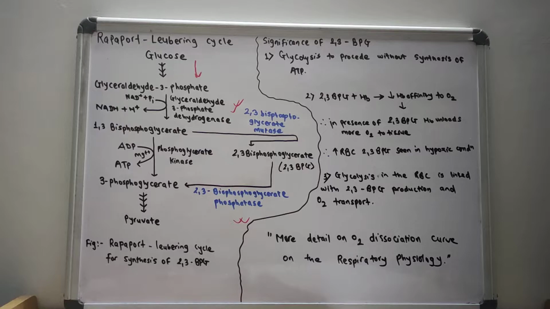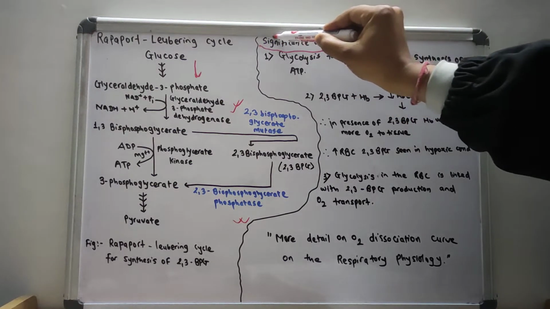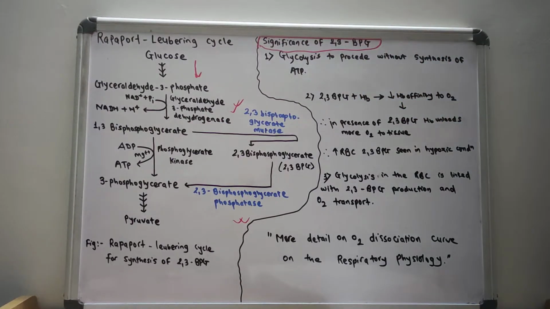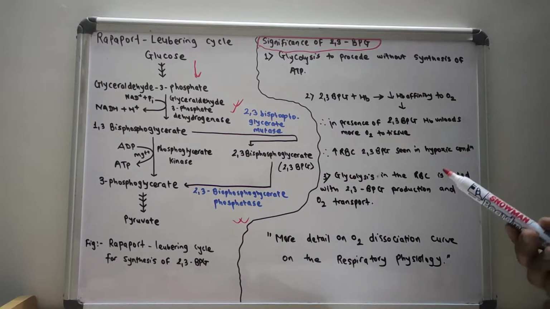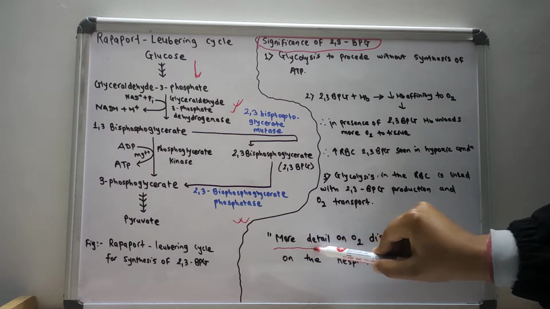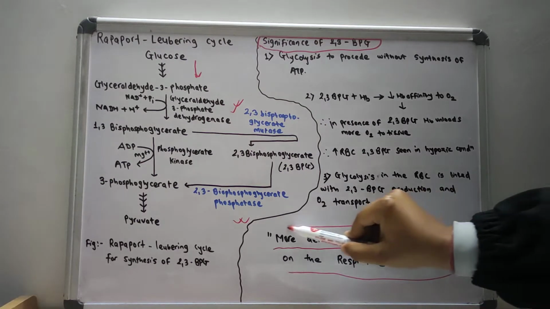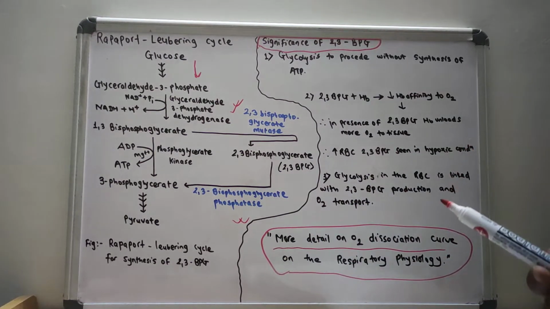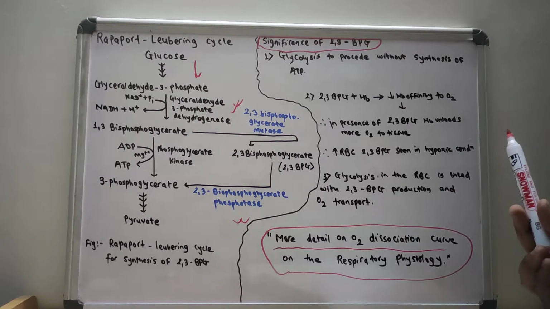Now let us discuss the significance of 2,3 bisphosphoglycerate. More detail on the hemoglobin and oxygen, I'll discuss in the respiratory physiology in the oxygen dissociation curve. But here I'll just describe briefly the significance of 2,3 bisphosphoglycerate.